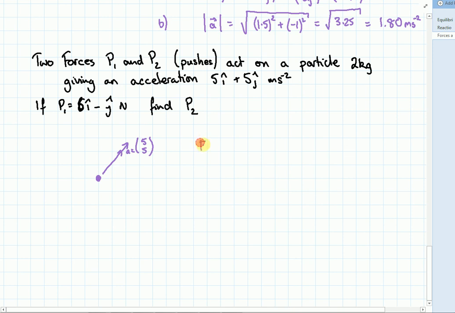So the resulting force is the mass times the acceleration. So it's 2 times my vector (5, 5). So it's equal to (10, 10) newtons.